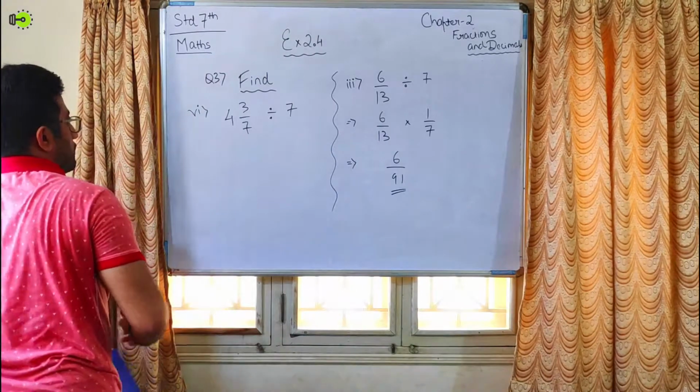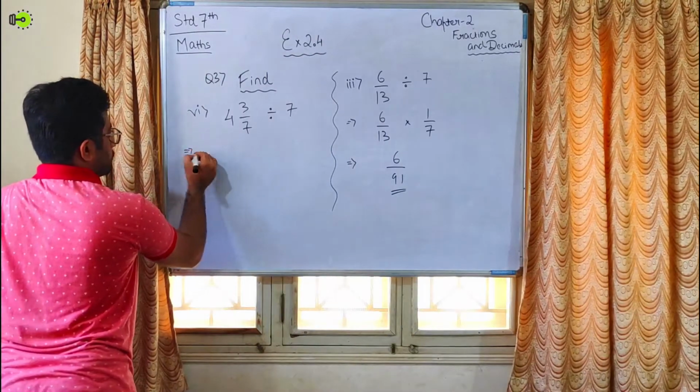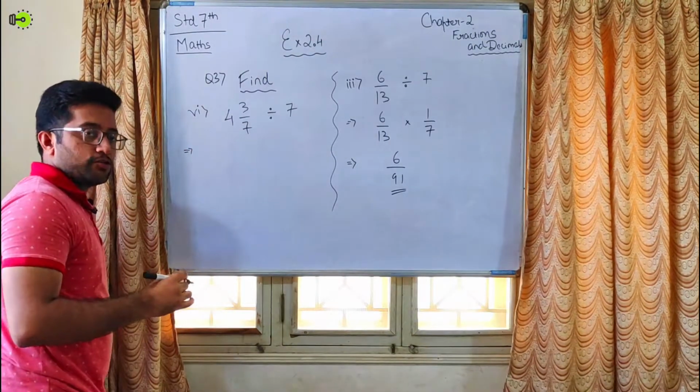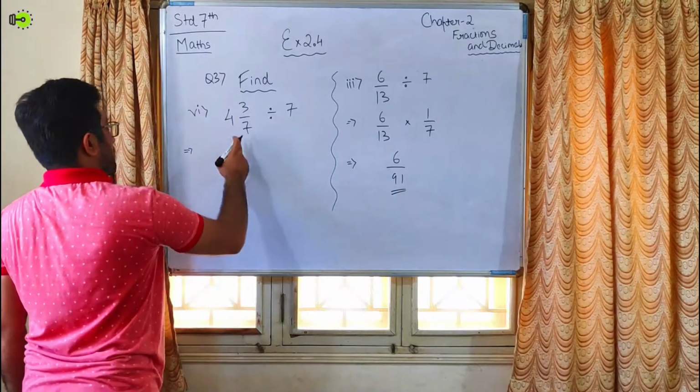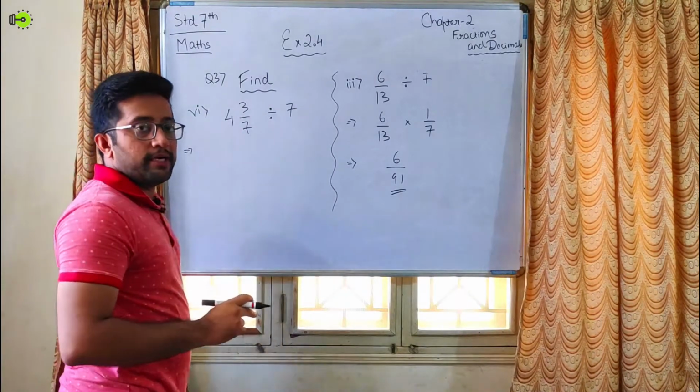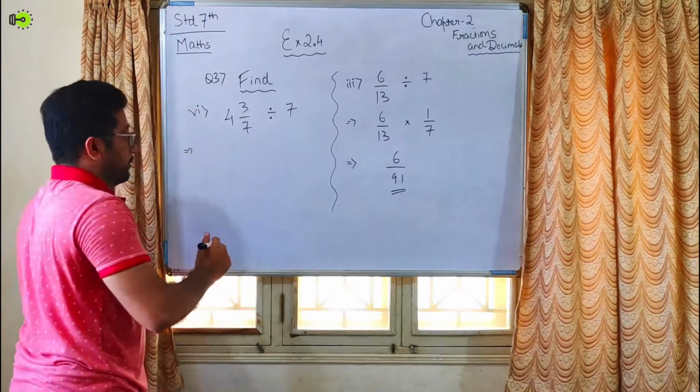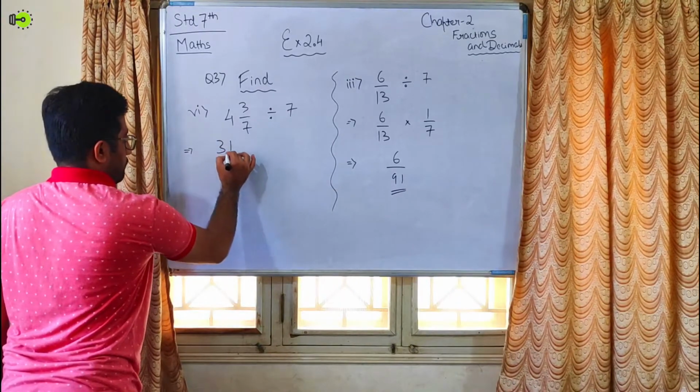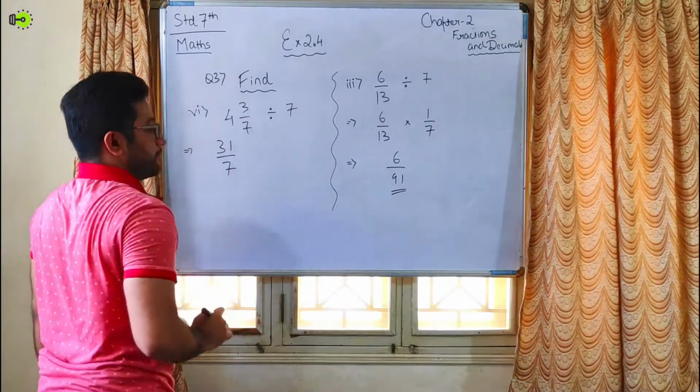So let us solve the same. So first of all we convert this mixed fraction into an improper fraction. So 7 4s are 28, 28 plus 3 will be 31. Okay, so 31 divide by 7.